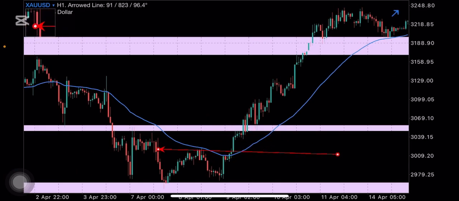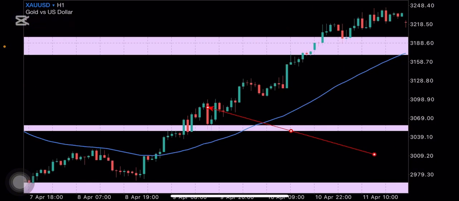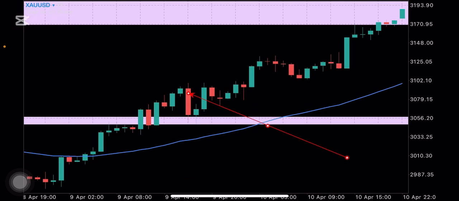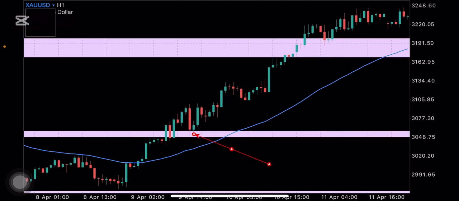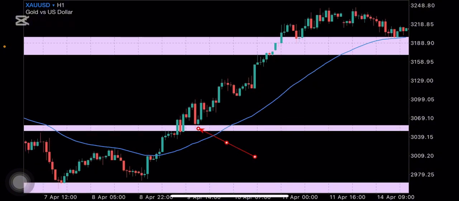A good example of break and retest. This is a key level that was formed here. Price came, broke above it, and after price broke it, you can see how it came back and retested it. So this is exactly what we call break and retest. It retested it and pushed upwards.